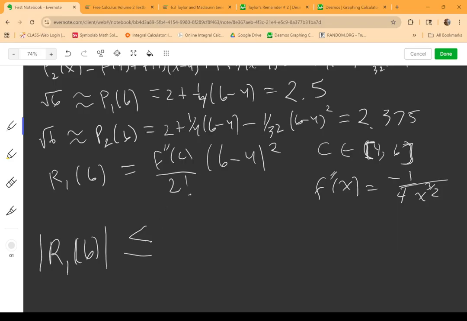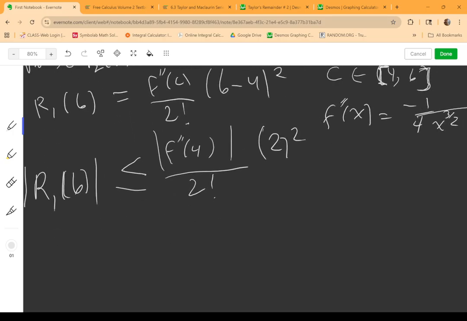All right, so what we use here is the error can be bounded by f double prime of 4 over 2 factorial, and then this is just 6 minus 4, which is 2 squared. And we saw that f double prime of 4 is 1/32.